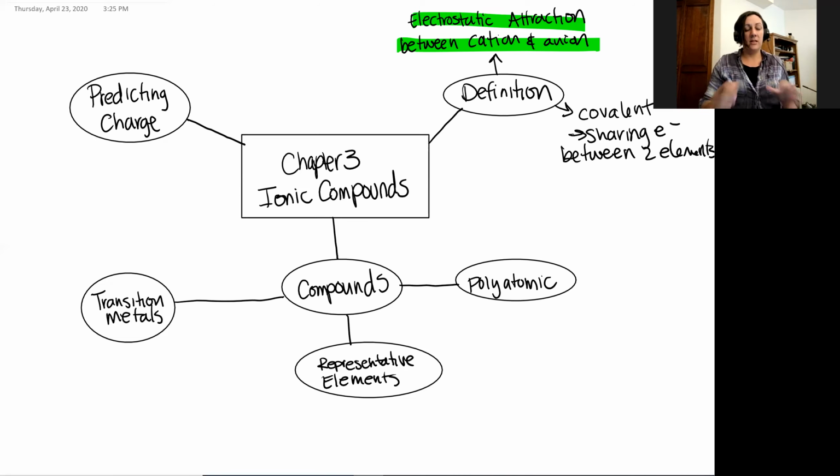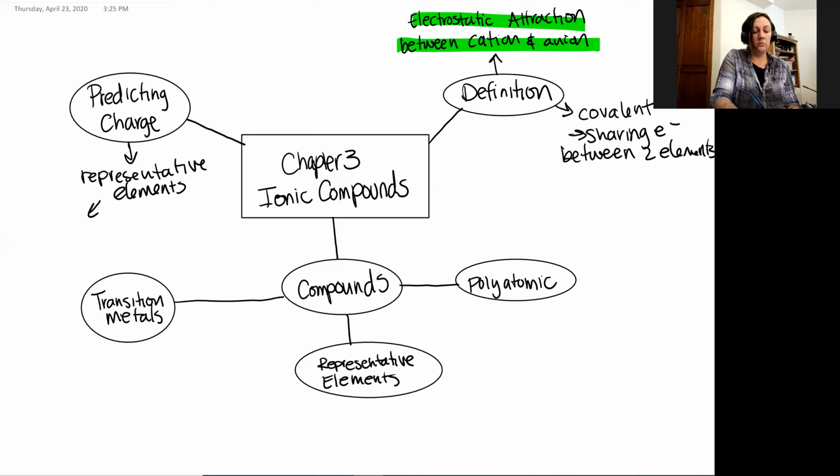Let's talk about the foundational skill that we're going to need to be able to determine what ionic compounds will form. And that is predicting the charge of an element using just the periodic table. So the periodic table is going to help us predict charge for representative elements only. And these are going to be the first two columns, or the first two groups.